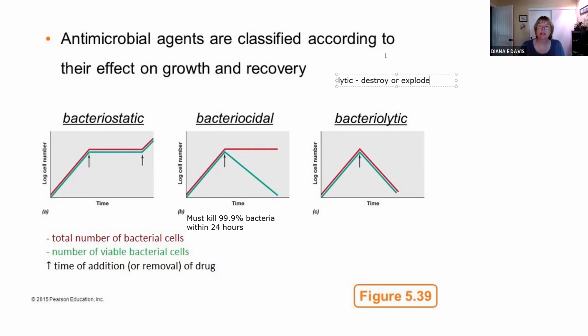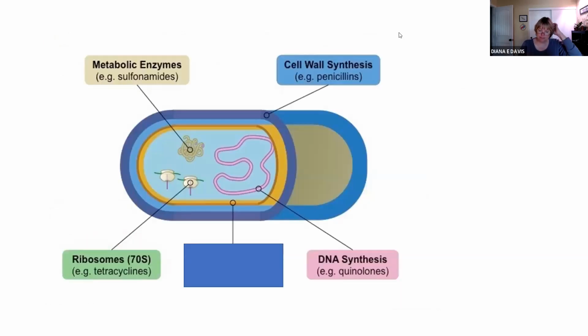Okay, now yes. So when we look at antibiotics, there are 4 major targets. There are some other targets. You'll see I put a little blue box over this particular term. This is not a very common antibiotic on the market. So we're going to ignore that one.